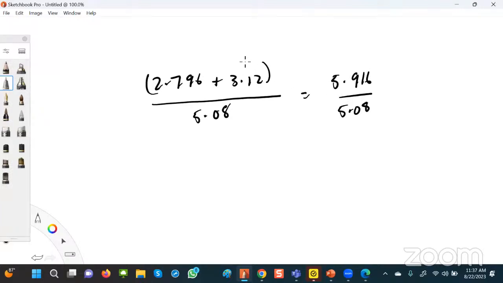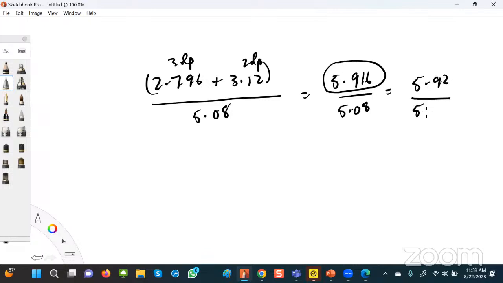But because we have 2 decimal places here, and we have 3 decimal places here, that means I need to round this off to 2 decimal places, right? So when I round off this part to 2 decimal places, what will I get? 5.92, exactly.